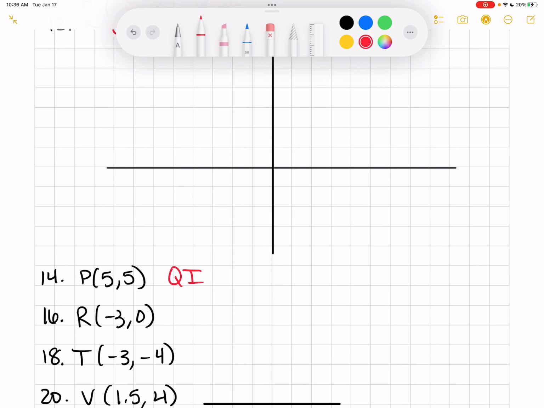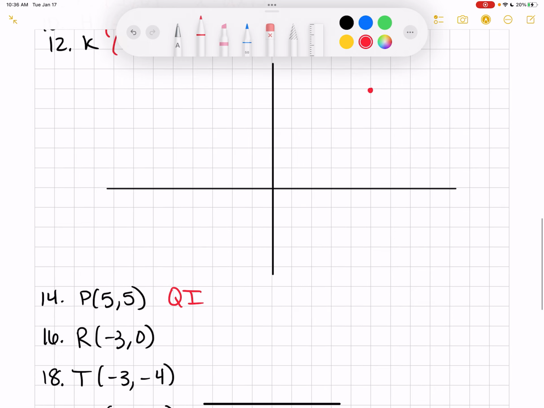Describe to me right and left, up and down. Right 5, up 5. Yep, 1, 2, 3, 4, 5, and then up 1, 2, 3, 4, 5. So then I would just put that this is point P here, and that's how I'll know what that is.